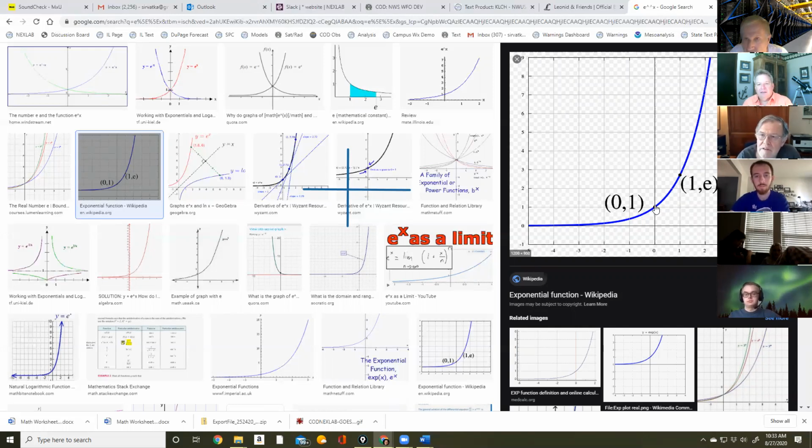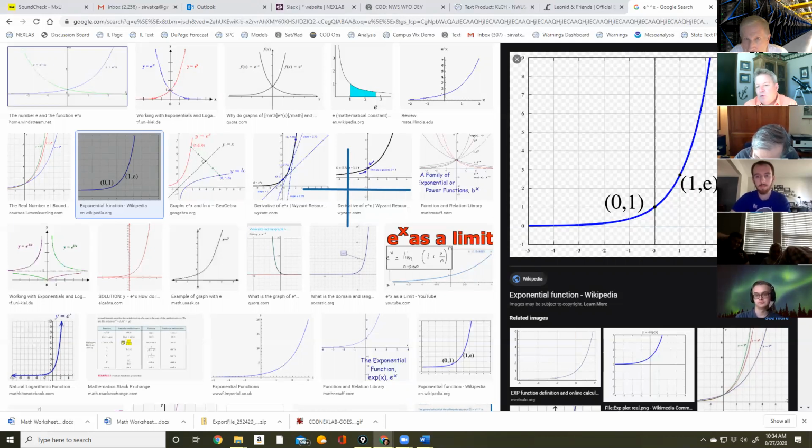It's the reciprocal, right? It's 1 over e to the x. So the bigger the number negative, the closer to 0 you're going to become. So this graph becomes asymptotic, approaching 0 as you go negative, but it grows exponentially, way off the chart here to the top.